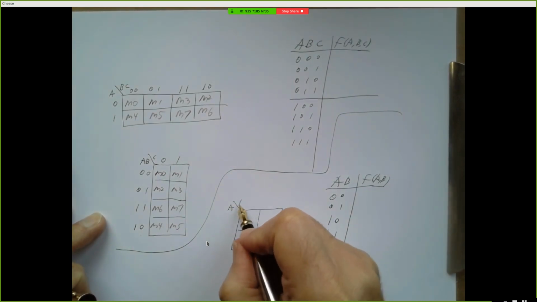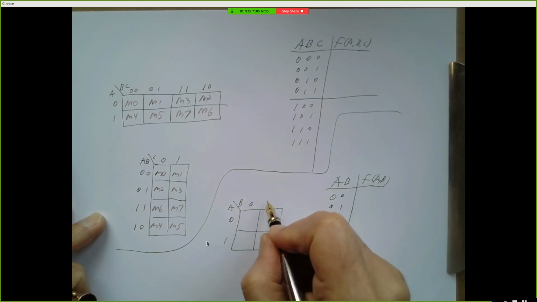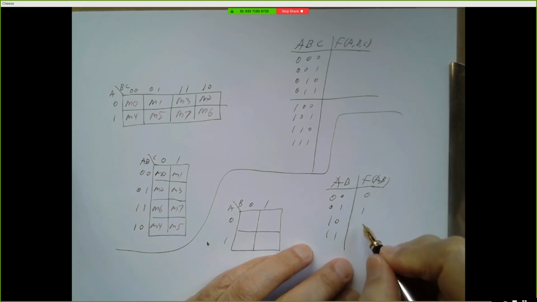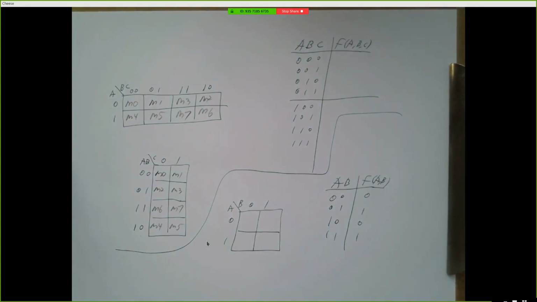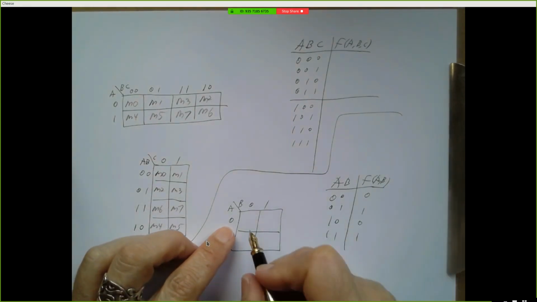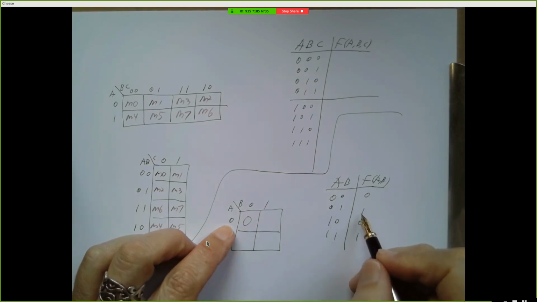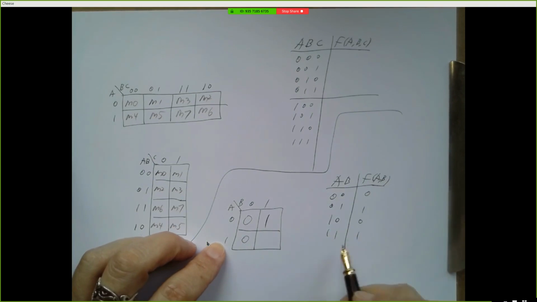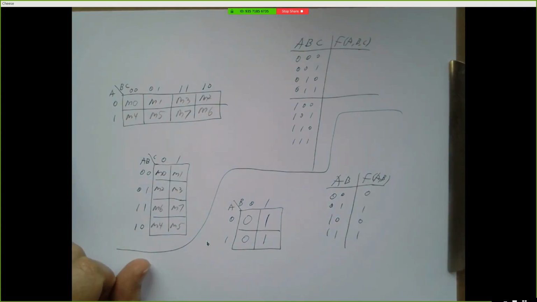So let's say this is A and B. And suppose we had a truth table like this. Well, 0, 0 goes right here, 0, 1 goes right here, 1, 0 goes right here, 1, 1 goes right here. I know I said don't fill in the zeros, I just filled in the zeros by mistake.